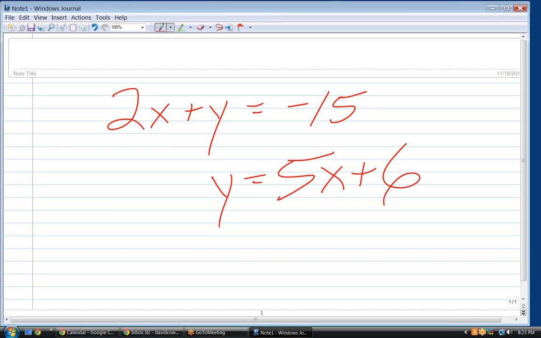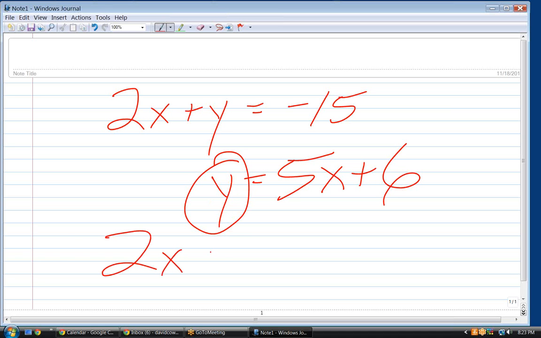You can solve it by substitution or you can solve it by elimination. When one of the variables is fully defined, like y is, substitution almost always works better. So all we're going to do is take whatever y is equal to and substitute it into the first equation.